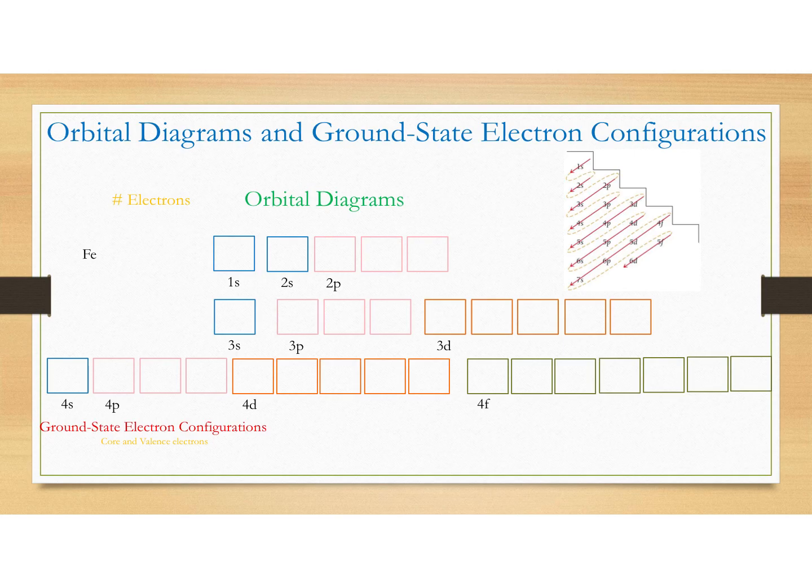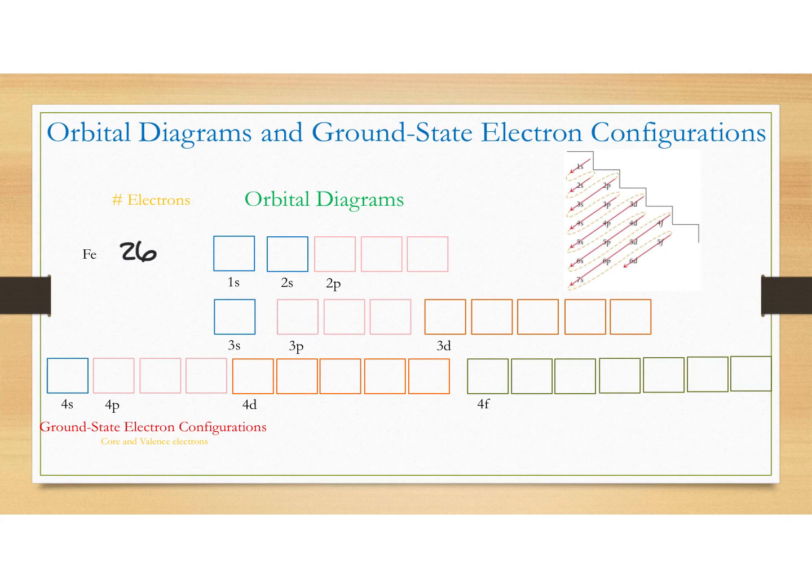Okay, so let's try an example. Let's do iron. Iron is atomic number 26 on the periodic table. Number 26 means that it has 26 electrons. So I have 26 electrons that I need to count. Now, remember, I can go all the way up to the 3p before I need to start doing this shuffling around.